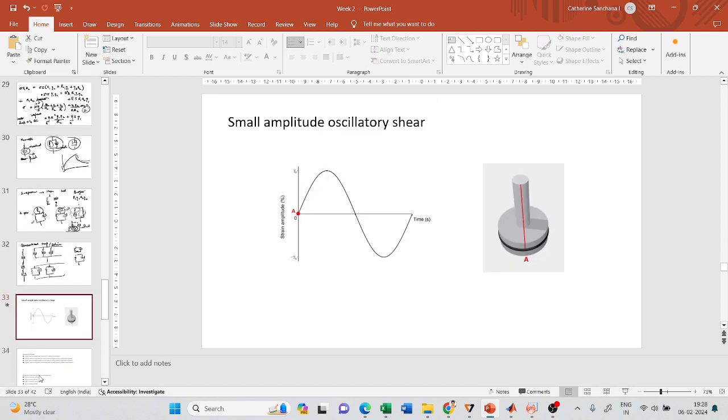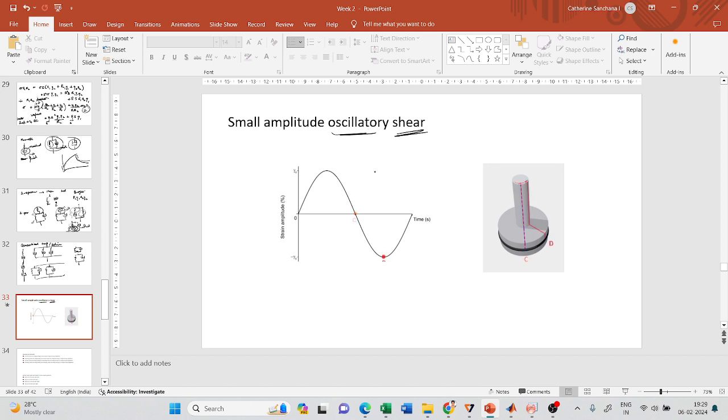In addition to this, one more topic which was explained this week was small amplitude oscillatory shear. So I wanted to show you an animation of how this experiment is actually performed. As the name says, it is a shear experiment and it is an oscillation.